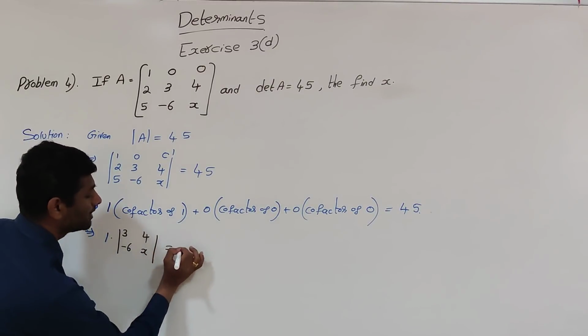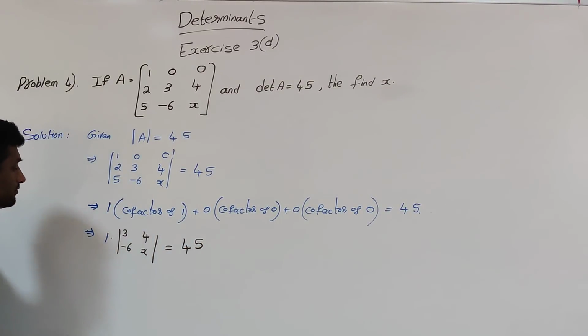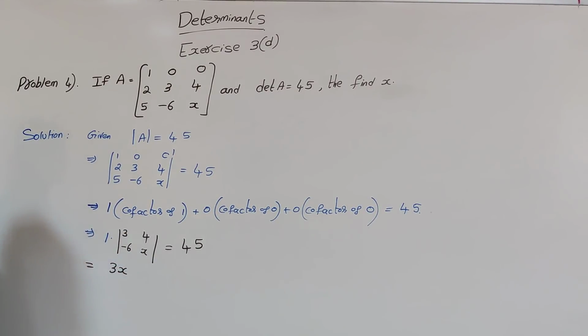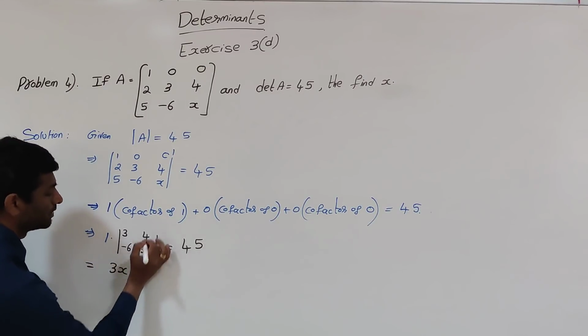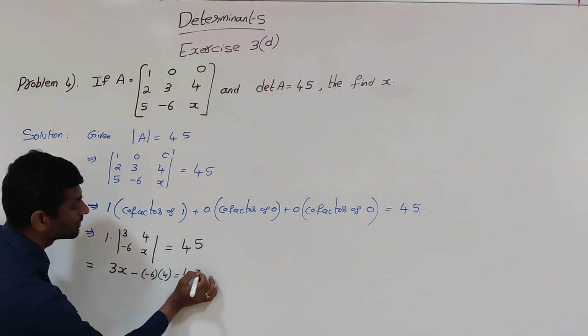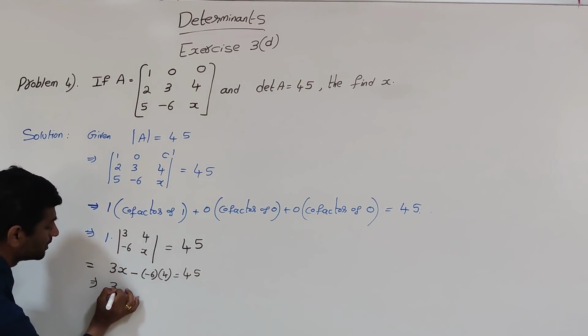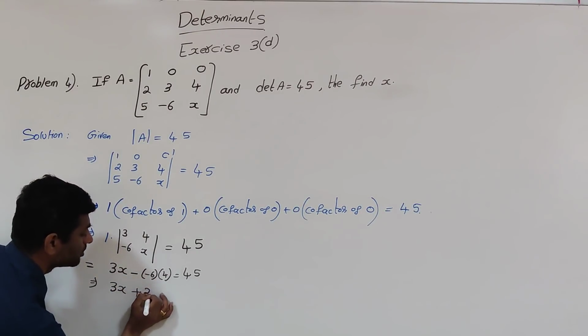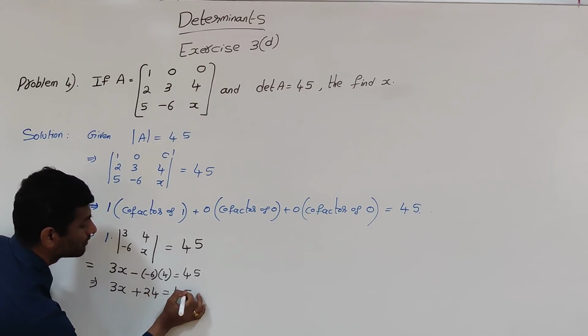So the entire thing equals 45. The determinant of the 2 by 2 matrix is 3 into x, 3x, minus 6 into 4, equal to 45. So 3x, minus into minus becomes plus, 6 into 4 is 24, plus 24 is equal to 45.